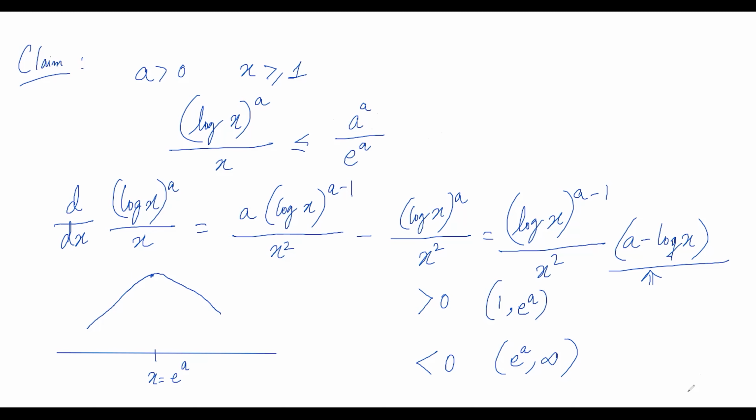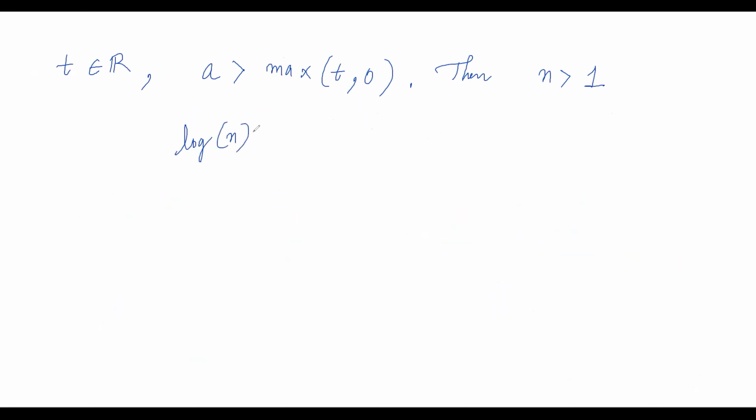Now let's apply our claim. So let's take t to be any real number, and we choose a to be greater than the maximum of t comma 0. Then as you can see, for all n strictly greater than 1, what we have is (log n) to the power t by n.